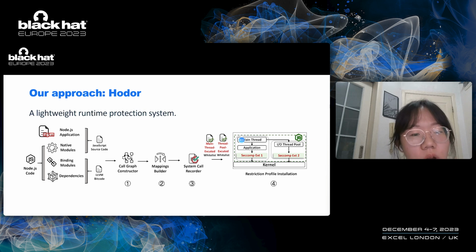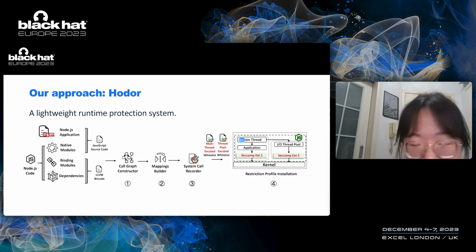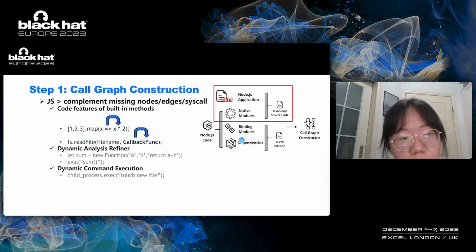At step 1, we construct call graphs for different layers, and then we build mappings for different layers based on the call graph, and then we generate the system call whitelist for the given application, and finally we install the system call list into the Node.js engine and execute the given Node.js application. Let's step into the details.